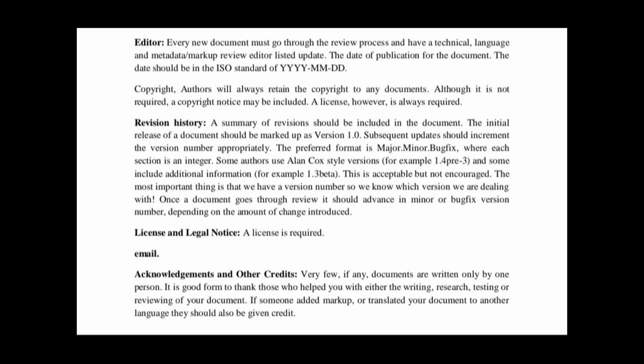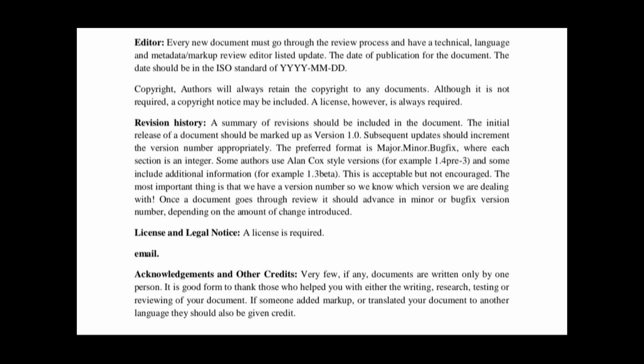However, it always requires a revision history. A summary of versions should be included in the document. The initial release of a document should be marked up as version 1.0. Subsequent updates should increment the version number appropriately. The preferred format is major, minor, bug fix, where each section is an integer.